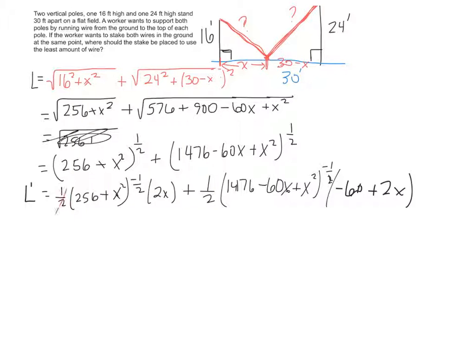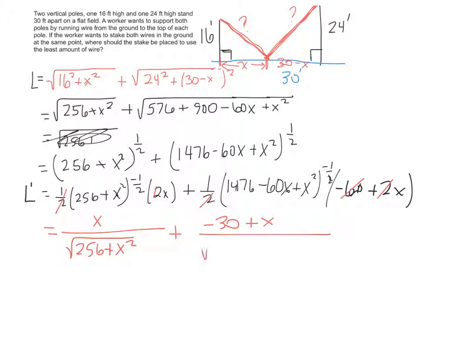So I can simplify this up a little bit. This is going to be x over this square root, 256 plus x squared, plus, I can divide this 2 into there and there to make that negative 30 plus x over this guy, that moved to the bottom because I had a negative 1/2 on that exponent.